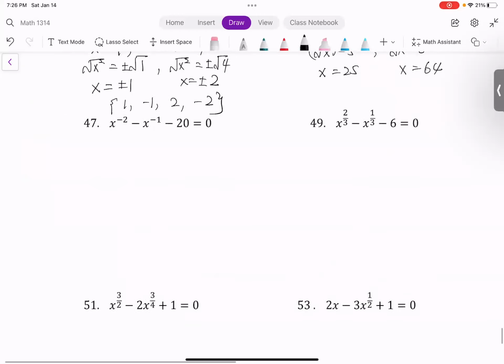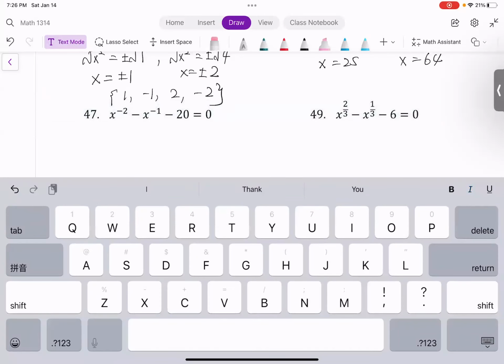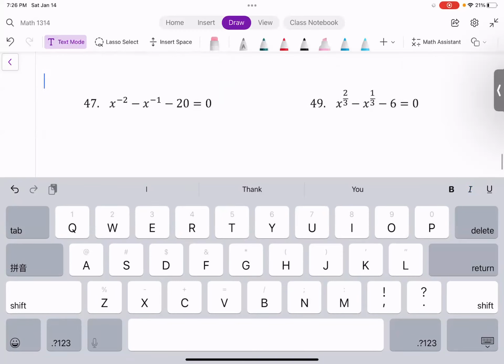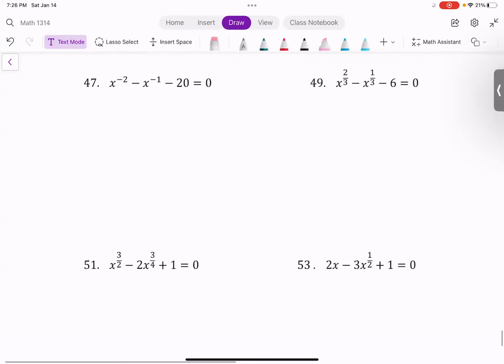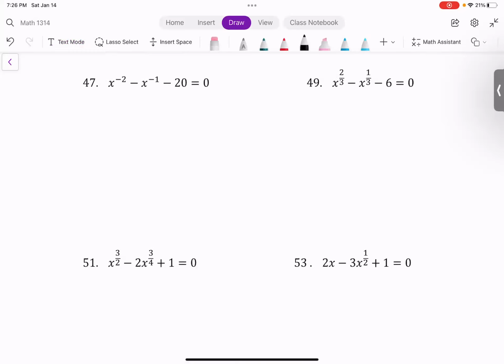Next two examples. Let's make some space here. Next two examples, I will focus on the second variable. If I square it, can I get the first term or first variable? So x to the negative power, we square it. We multiply the power, x to the negative 2.